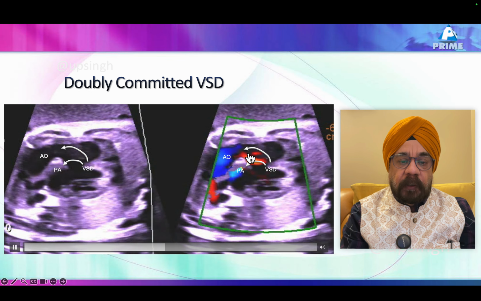The difference is that if it is less than 50% override, then it becomes TGA, and if it is more than 50% override, it becomes DORV. So that is the rule of 50% override. And then you see here the pulmonary artery is small.